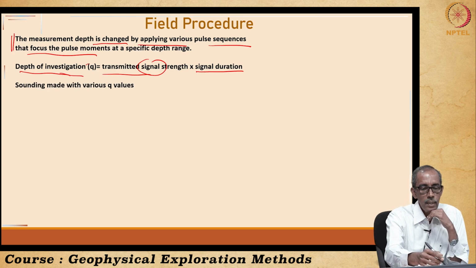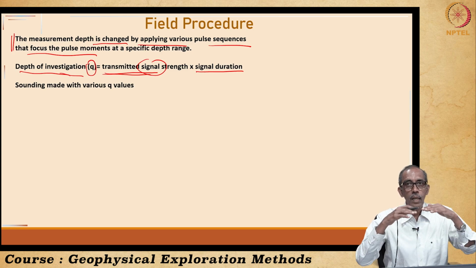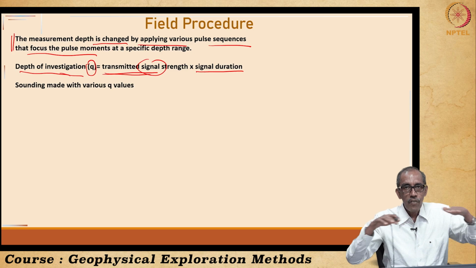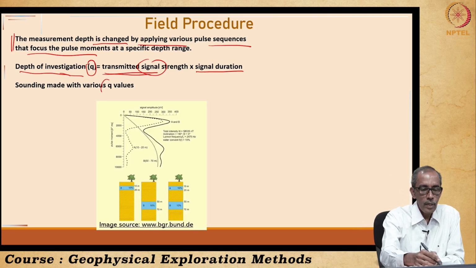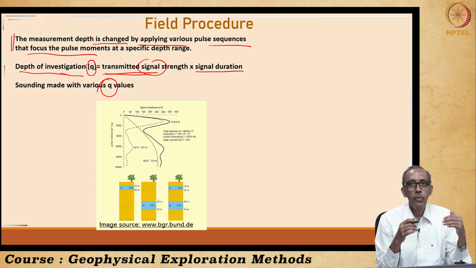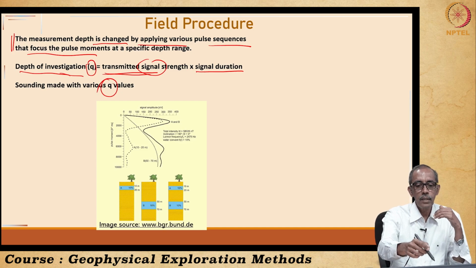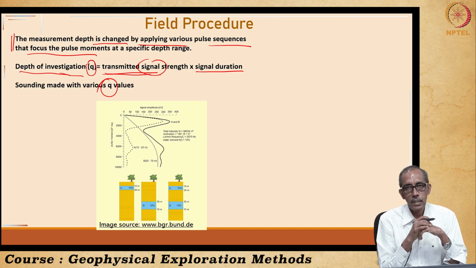So, by varying the transmitted signal strength as well as the duration, we are able to scan different depths of the subsurface, right. So, we are able to carry out the survey with various Q values. What is Q? Q is nothing but signal strength multiplied by the signal duration, right.